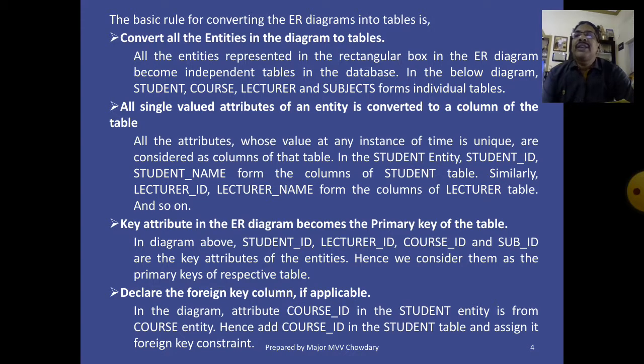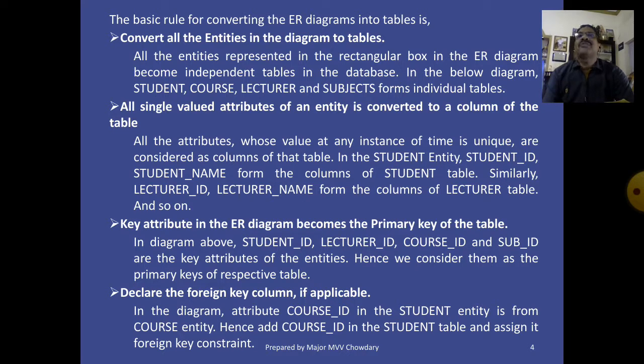Next one is key attribute in the ER diagram becomes the primary key of the table. We can represent the key attribute in the ER diagram in the ellipse symbol. For example, in the student entity, we have student ID as the attribute. In that, student ID has an underline marked on the ellipse.